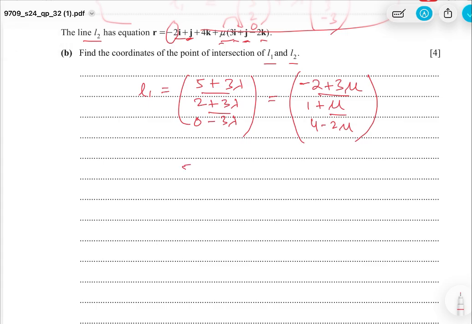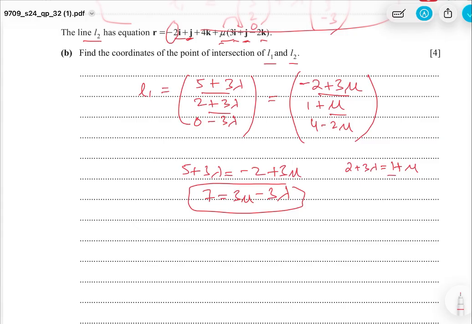Equate these and find the values of lambda and mu. So we have 5 + 3 lambda = −2 + 3 mu. That gives us 7 = 3 mu − 3 lambda. Let this be equation 1. Equation 2 would be 2 + 3 lambda = 1 + mu, so 2 − 1 is 1 = mu − 3 lambda. Solve them simultaneously.